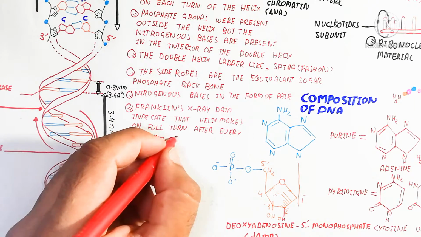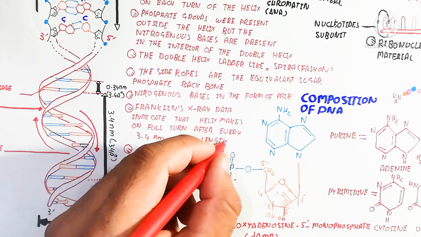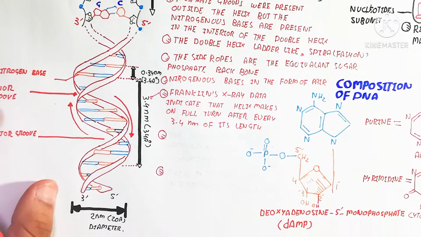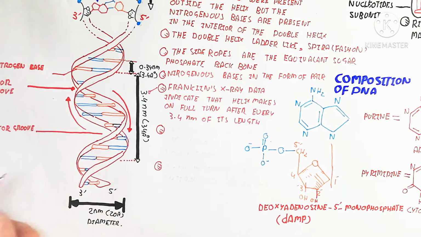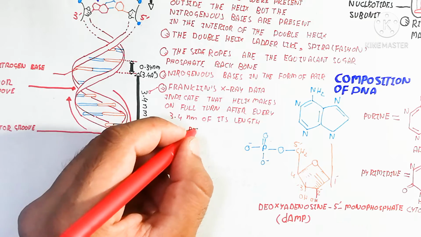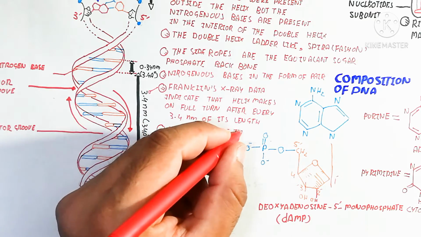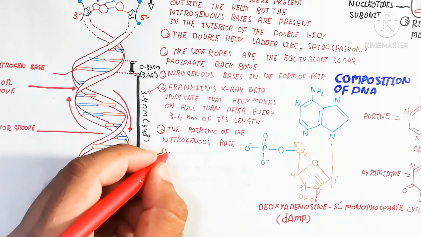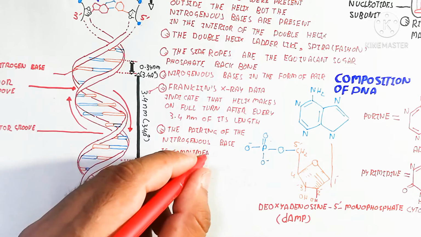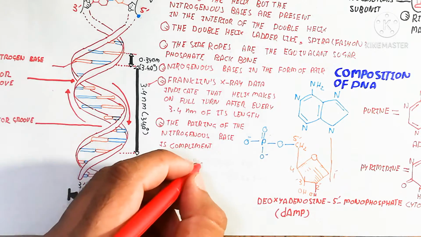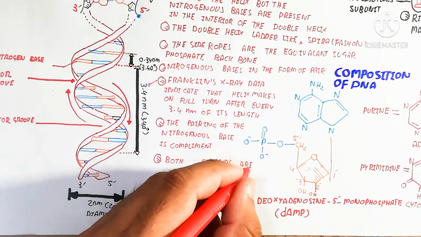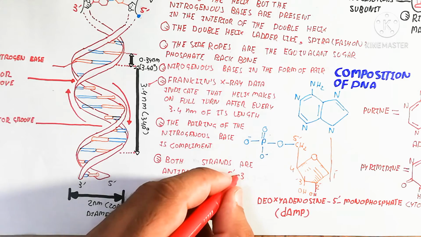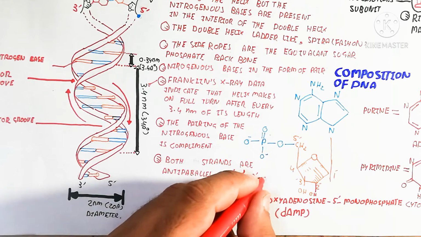The pairing of the nitrogenous bases is complementary: if adenine is present, the opposite base will be thymine and not guanine or something else. Both strands are anti-parallel. Anti means against, and parallel means both are equal but against. For example, one is 5 prime to 3 prime, and the other is 3 prime to 5 prime.